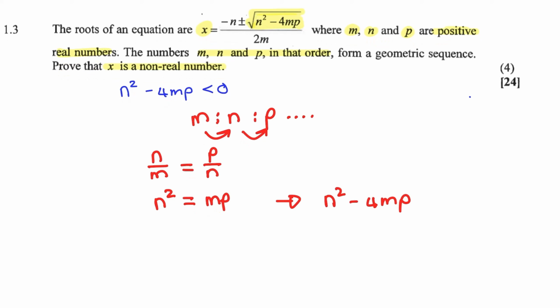So now again, I would look at the contents of the square root, and I see that I have 4mp, and I can replace that 4mp with n squared. So I'll have n squared minus 4 times n squared. And if I simplify that, I have negative 3n squared.